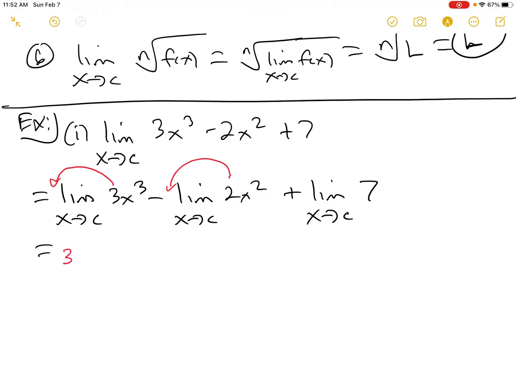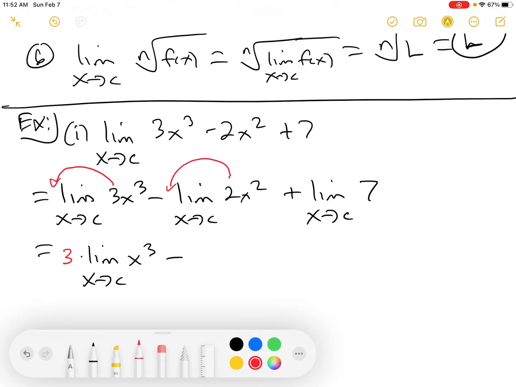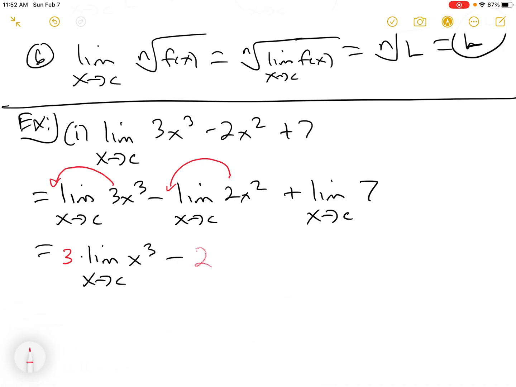So we have 3 times the limit as x approaches c of x cubed minus 2 times the limit as x approaches c of x squared plus the limit as x approaches c of 7.